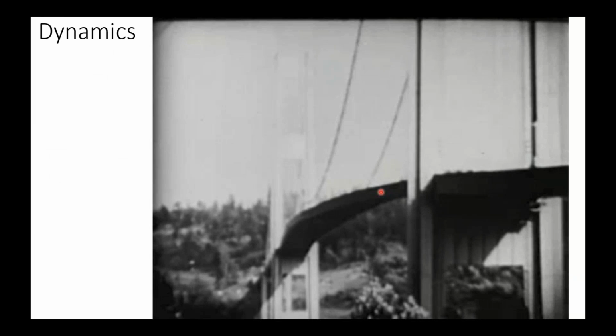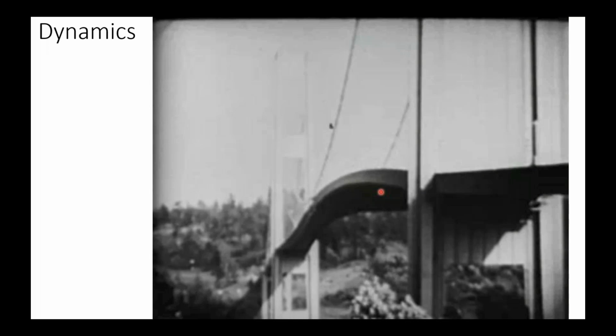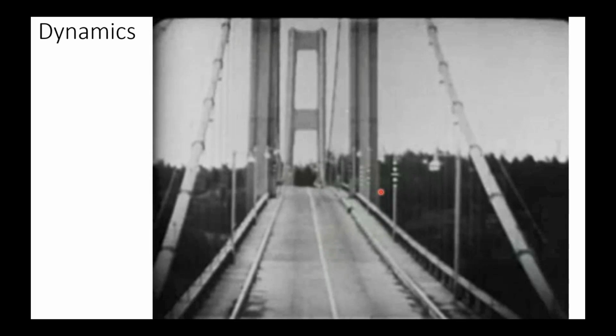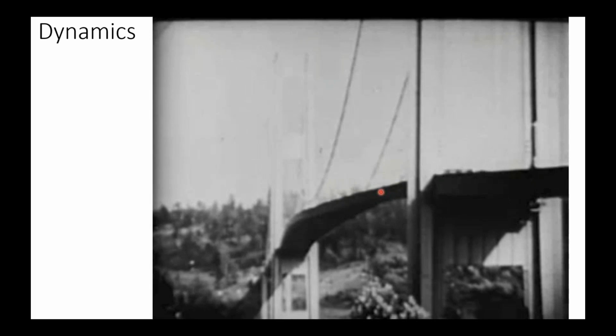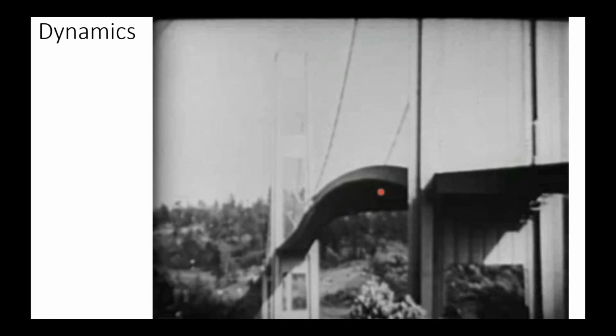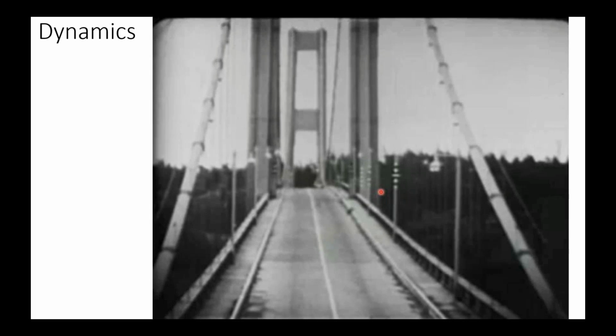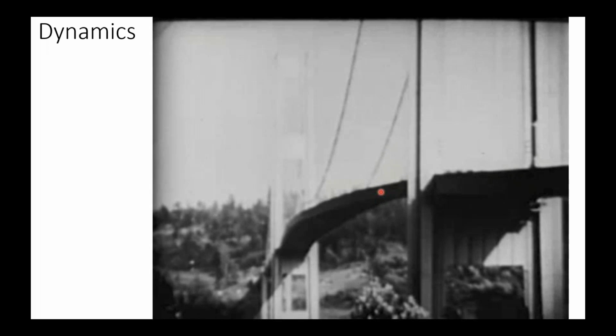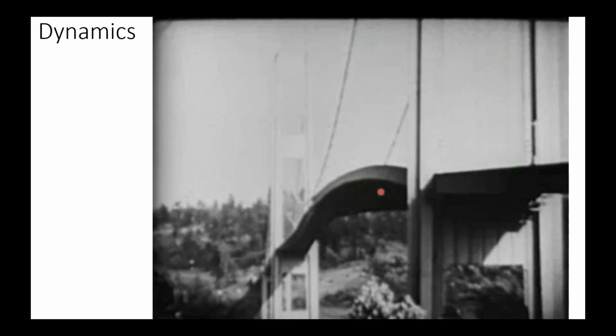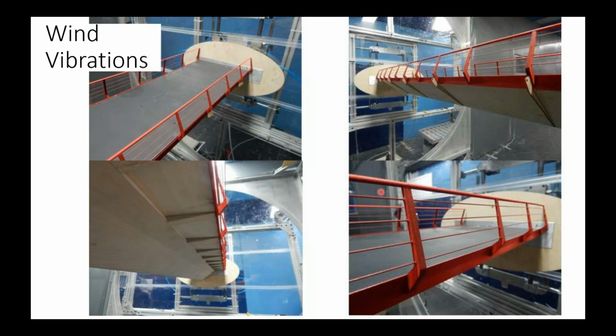So the next thing on cable supported bridges, I know most of us are bridge engineers, and you can't get through 4 years of civil engineering without seeing this video at least once. The Tacoma Narrows Bridge, and bottom line is cable supported bridges ever since this point had to consider dynamics from wind. So this bridge was no exception.